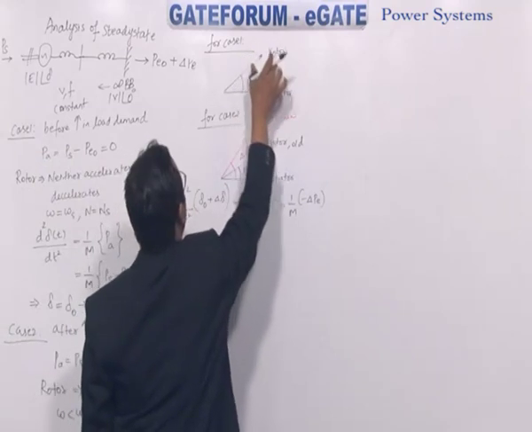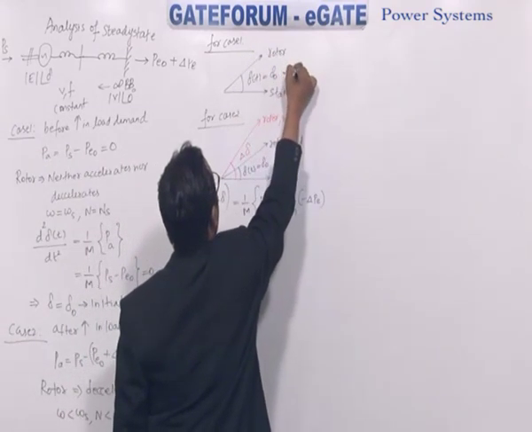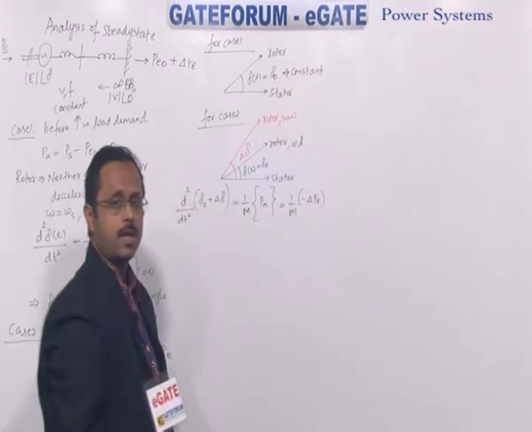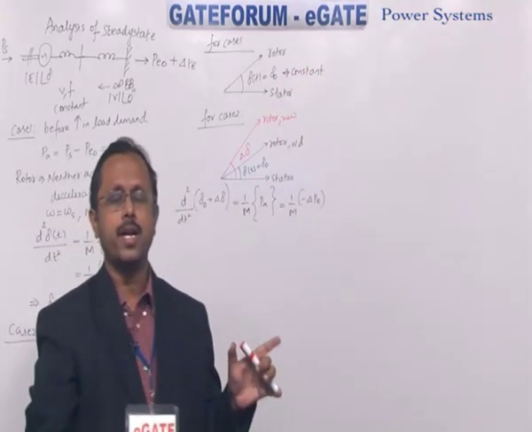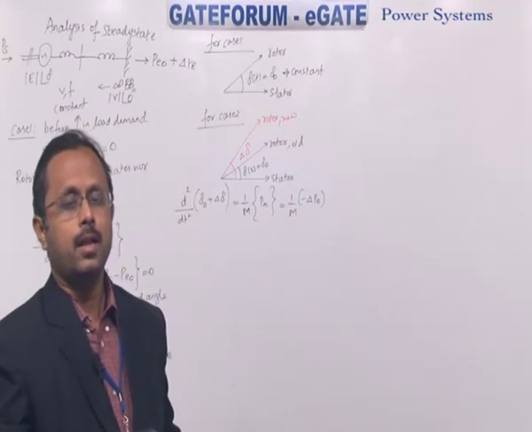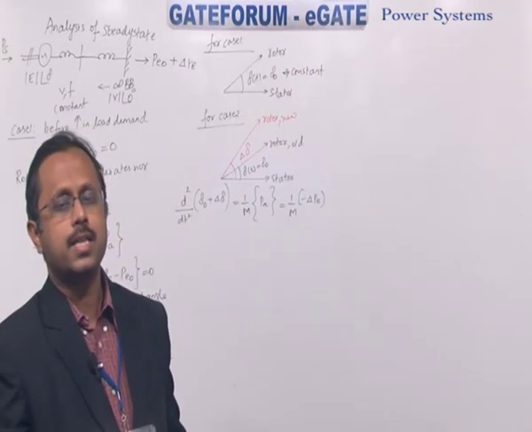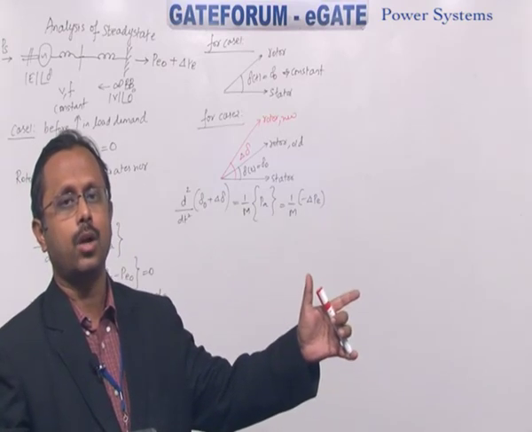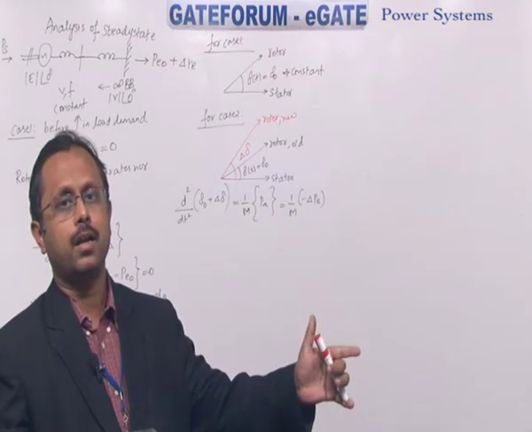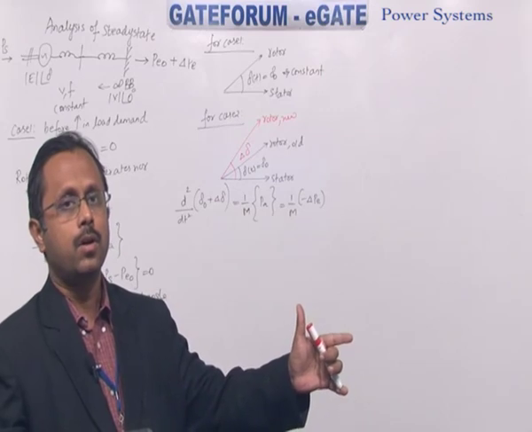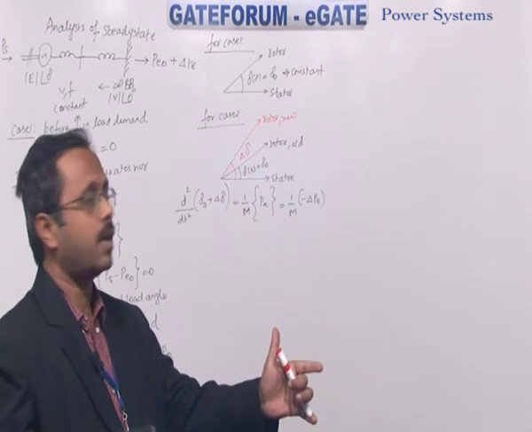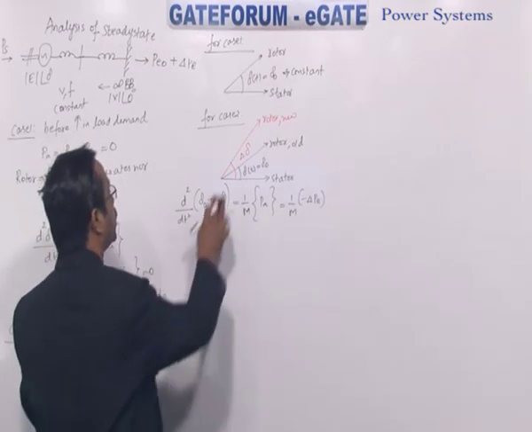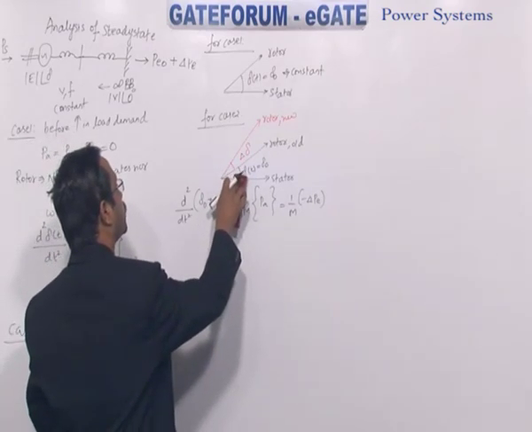Before you increase the load demand, the rotor angle is constant. As long as there is no increase in the load demand, the load angle delta naught is constant. Only when there is increase in the load demand, delta naught increases further to delta naught plus delta, only this one is delta, a small portion.